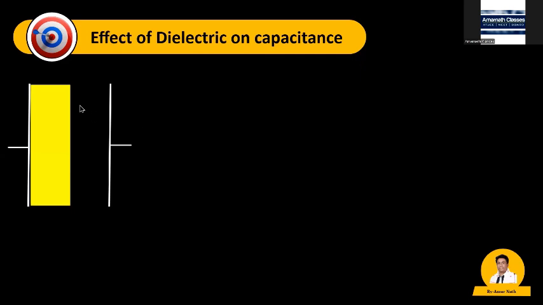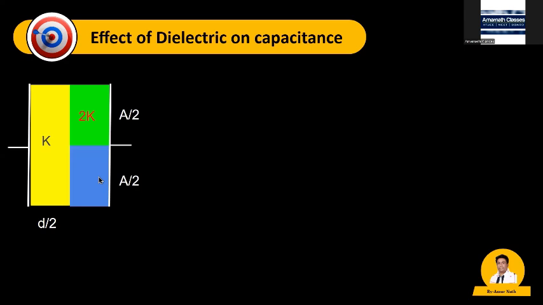This one is a dielectric slab covering the whole area, but thickness D by 2, and dielectric constant, say, K. I have another dielectric slab covering area A by 2 and thickness D by 2, but dielectric constant 2K. And this one is again area A by 2 and thickness D by 2 and dielectric constant 3K. So now you need to say what is the net capacitance between the left plate and the right plate, okay? You think for a few moments.